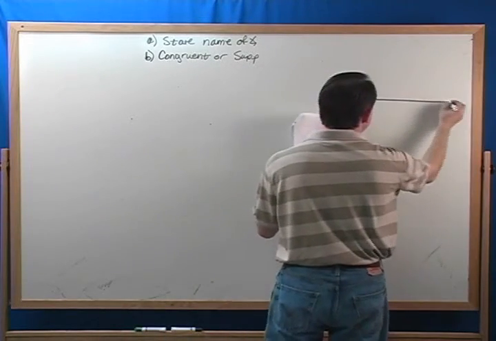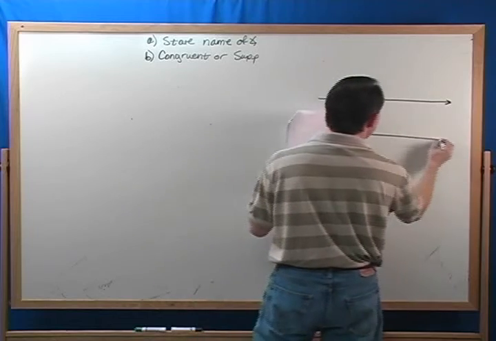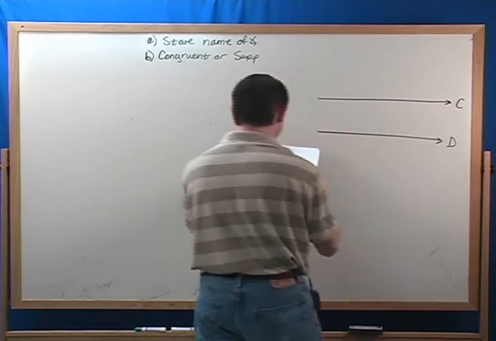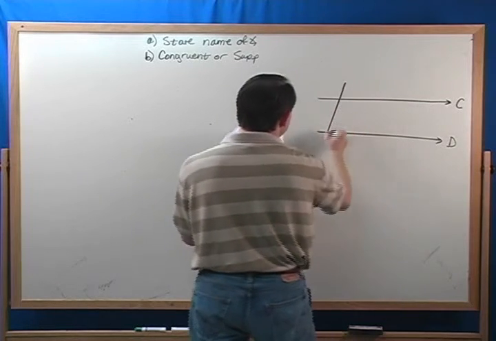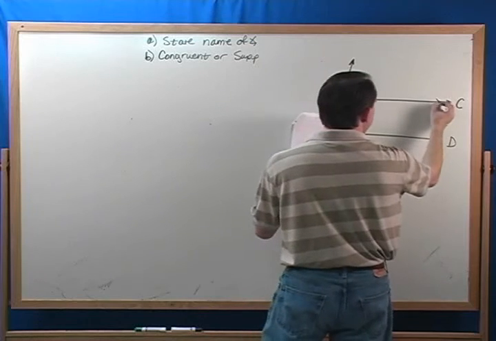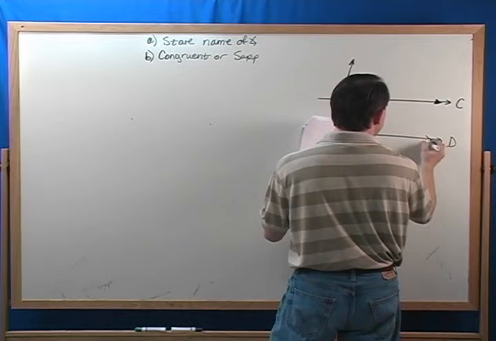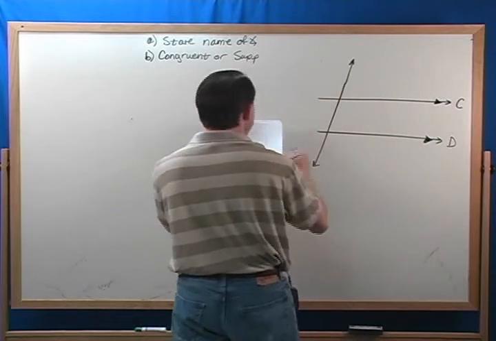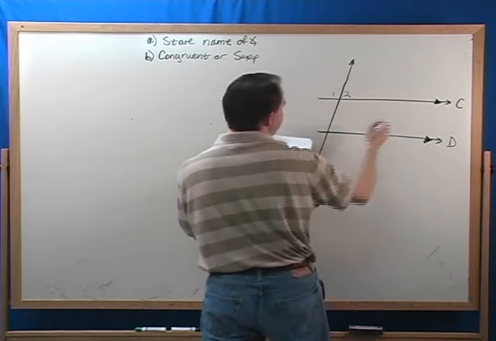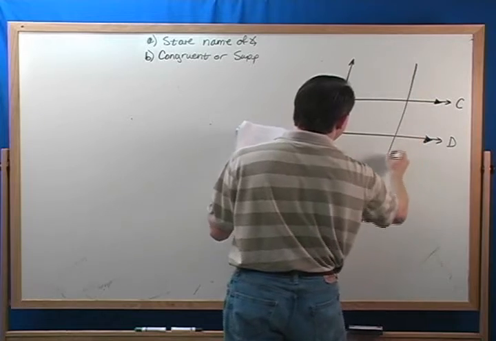Same thing as always. I've got two parallel lines. See, all these problems end up being the same. This is line C. This is line D. Now, I'm going to draw a transversal here. Obviously, C is parallel to D. First I need to draw my other line here.